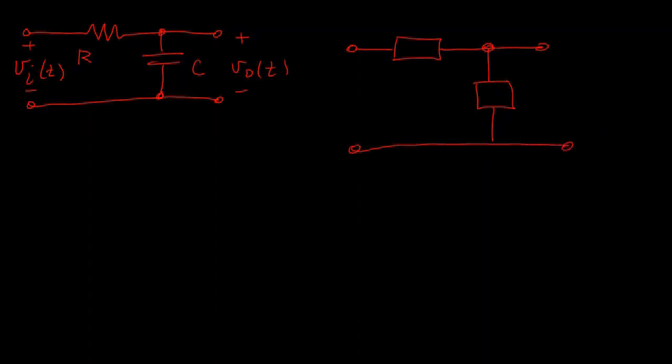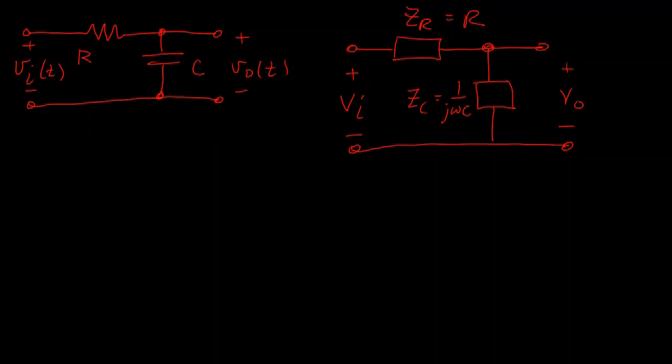Now we're going to talk about our voltages here. We've got our input voltage and our output voltage, and over here we've got ZR equals R, and over here we've got ZC equals 1 over j omega C.